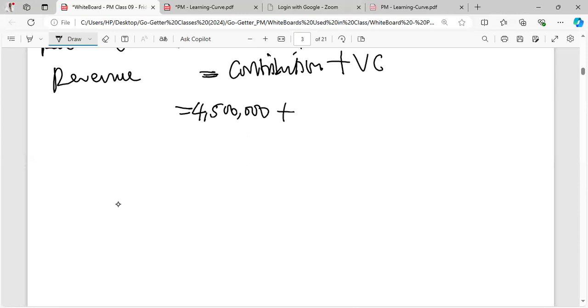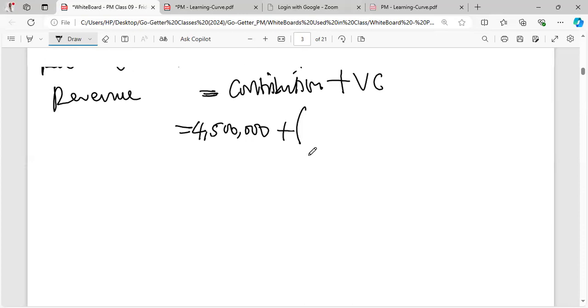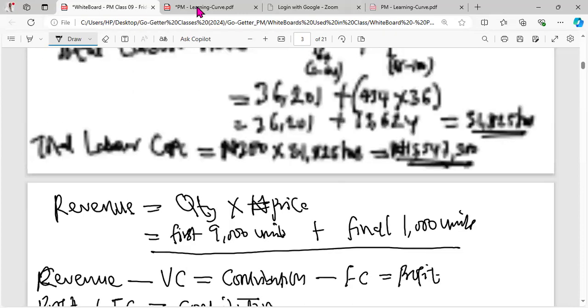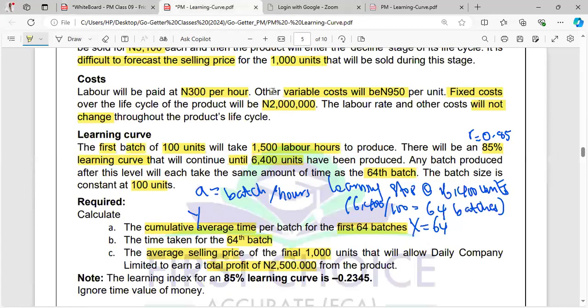Our variable costs, we are told, comprises of labor. There's no material here, but they said labor and other variable costs. So that means material could also be inclusive in the other variable costs.